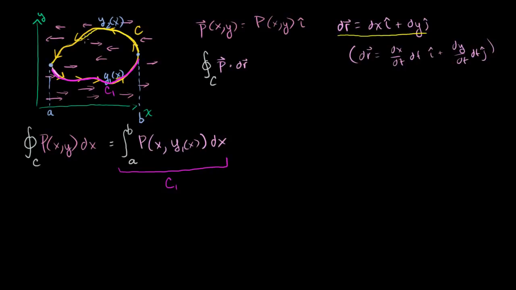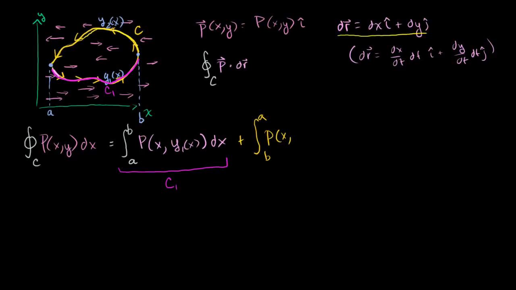And then we want to complete the circle. Maybe I'll do that in yellow. That's going to be equal to, sorry, we're going to have to add these two, plus the integral from x is equal to b to x is equal to a of p of x, and now y is going to be y2 of x.